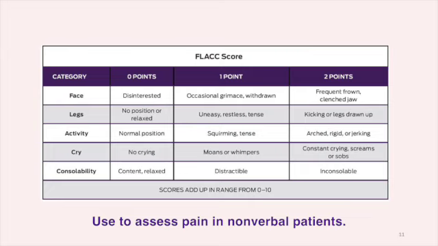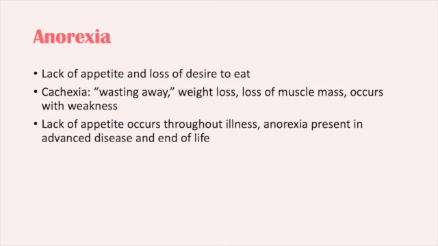If it was 0 points, there would be no expression or disinterest in their face. Legs would be in a normal or relaxed position, activity, normal position, crying, no crying, and consolability, content and relaxed. And thereafter you will see 1 point and 2 points, what you would rate them on if they were showing any of those symptoms.